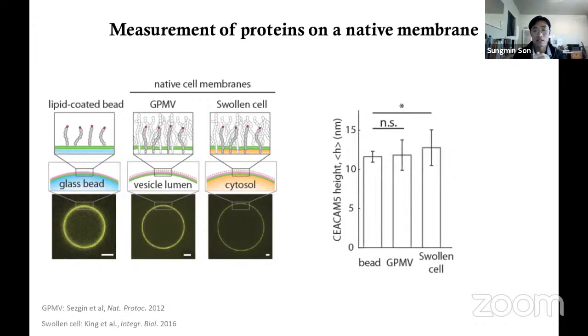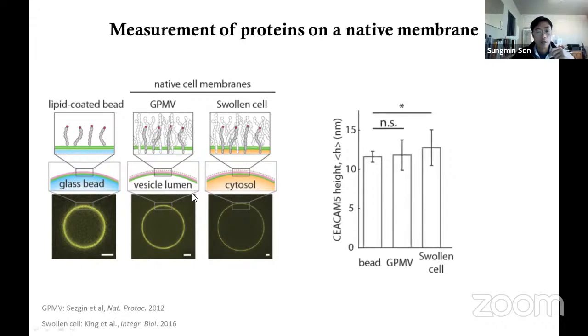Erding is actually an expert in one of those techniques. Here you can use this technique to make what's called a giant plasma membrane vesicle. You can chemically treat the cell, and the cell becomes unhappy and starts to develop a large patch of very circular membrane of its own.